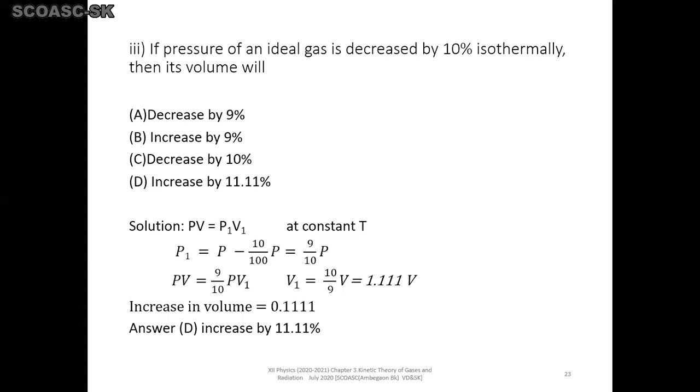If I'm talking about a diatomic molecule, and if it is a rigid molecule, that means no vibrations, then it is going to have 3 translational degrees of freedom, along the x-axis, y-axis, and z-axis, and also it is going to rotate about 2 more axes along which it is not oriented. If the body is along the x-axis, the rotational energy about the x-axis is very small, so it is negligible.